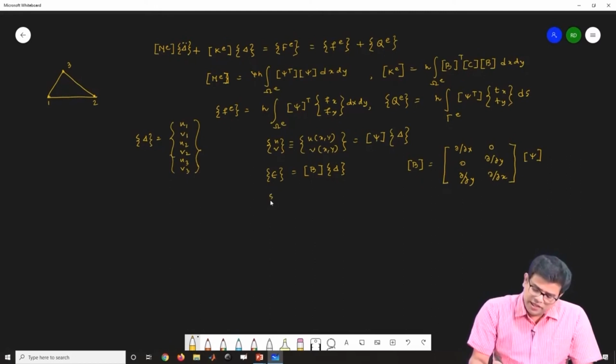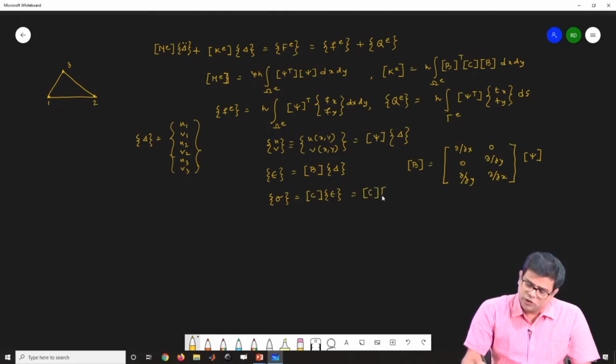Then again the sigma vector is C into strain, that is C, then B, and then delta.